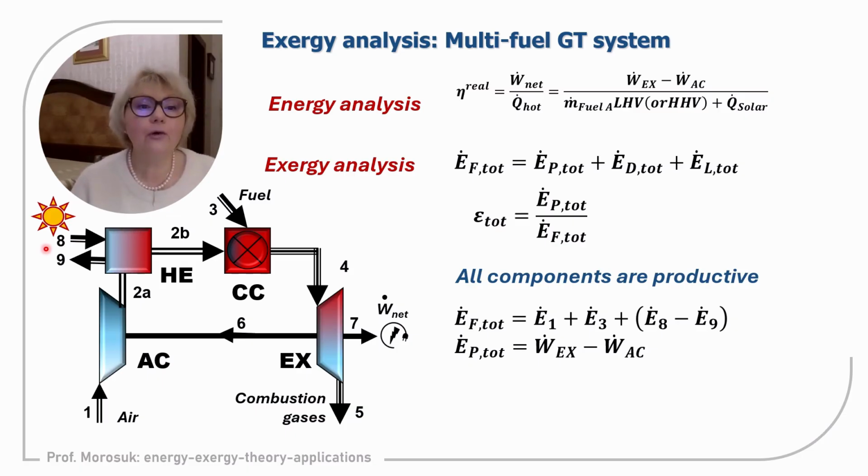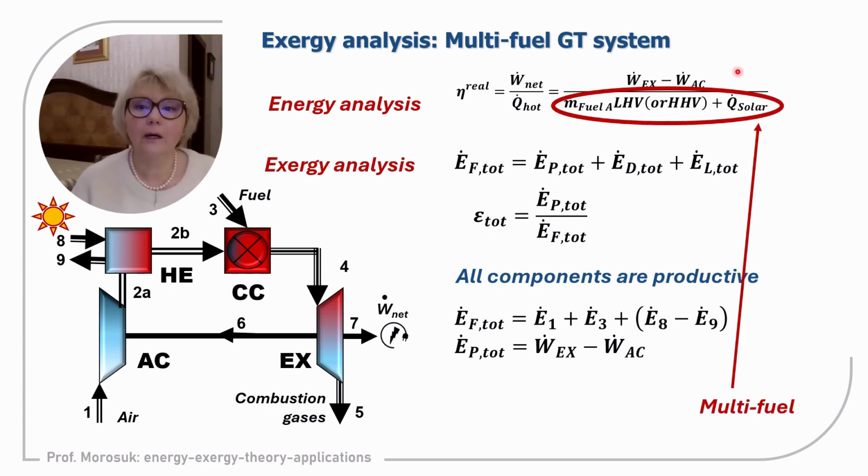Then for energy analysis, we will add the heat that is coming from solar energy. But since we have two fuels used not for the same component but in different components, this will already be multi-fuel. So it is not co-firing, because solar energy, of course, we cannot co-fire. It is a multi-fuel effect.